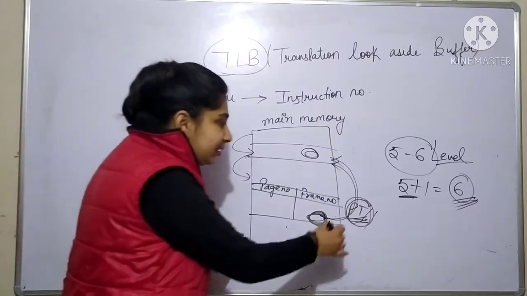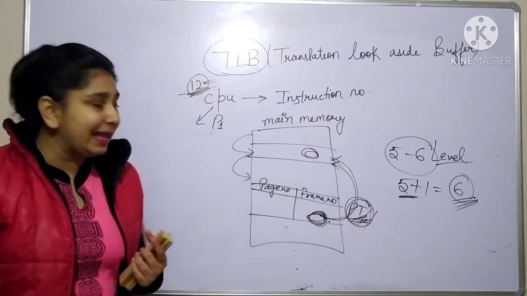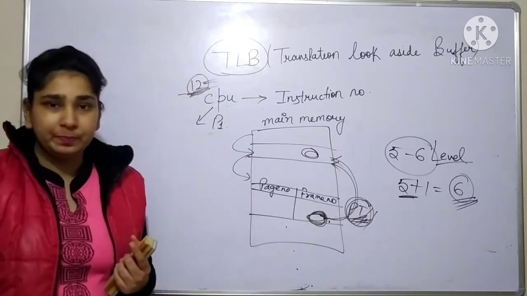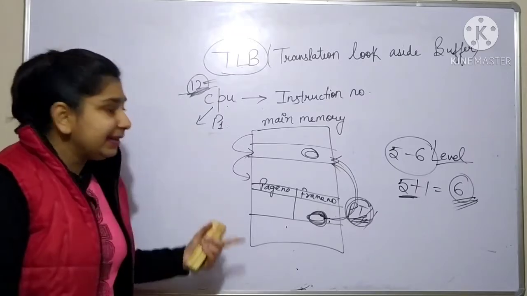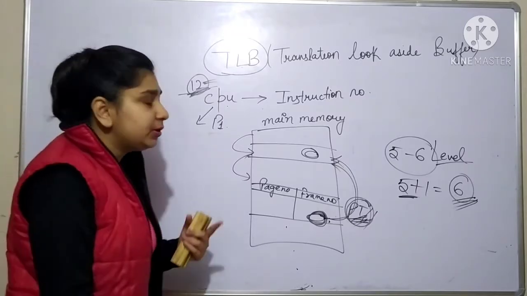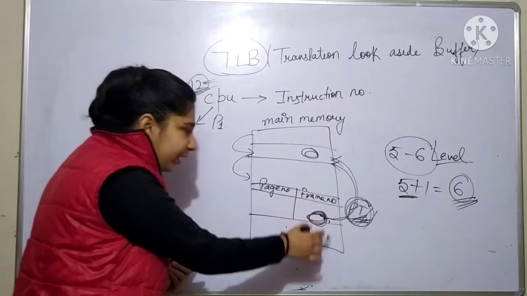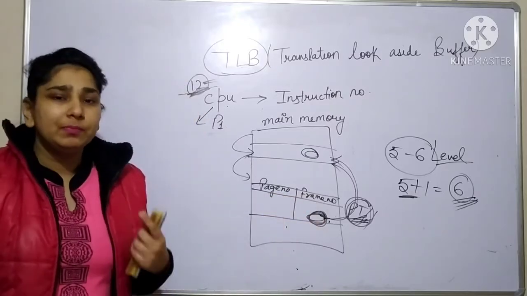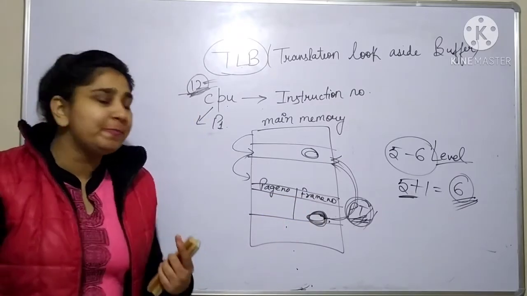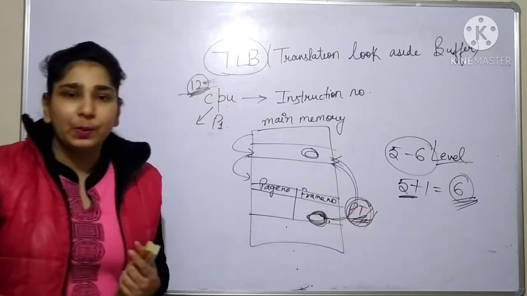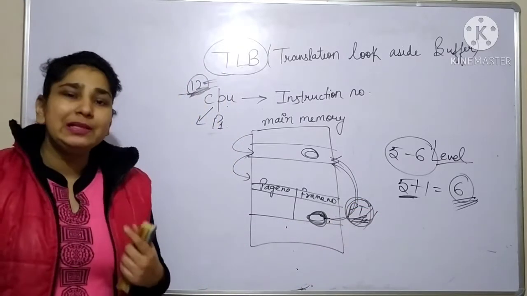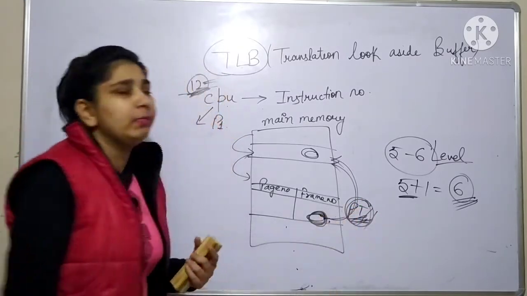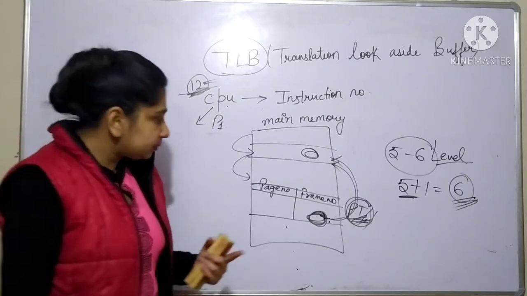Because your page table size is much bigger than the size of the frame, and to reduce the total number of main memory accesses we make multiple levels of page tables.